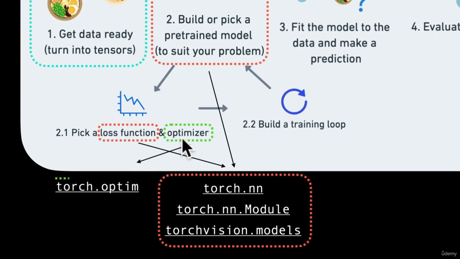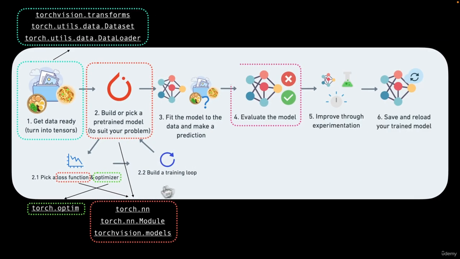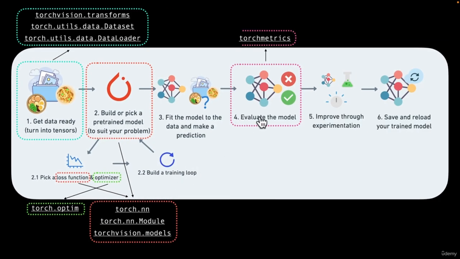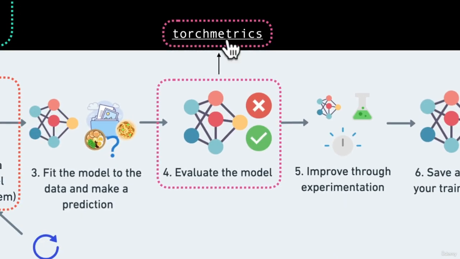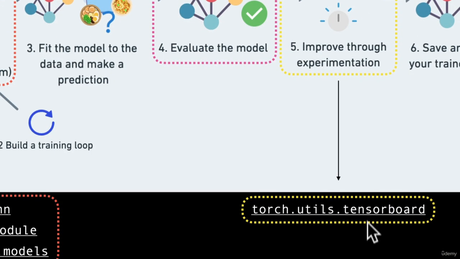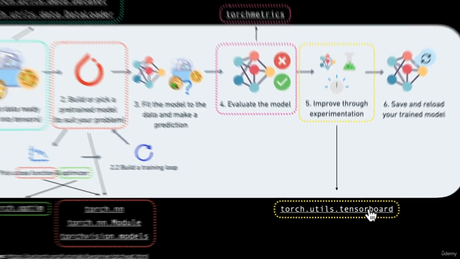Then for the optimizer, if we wanted to optimize our model's parameters to better represent a dataset, we can go to torch.optim. If we wanted to evaluate the model, we've got torchmetrics for that. We haven't seen that, but we're going to be hands-on with all of these later on. Then if we wanted to improve through experimentation, we've got torch.utils.tensorboard.